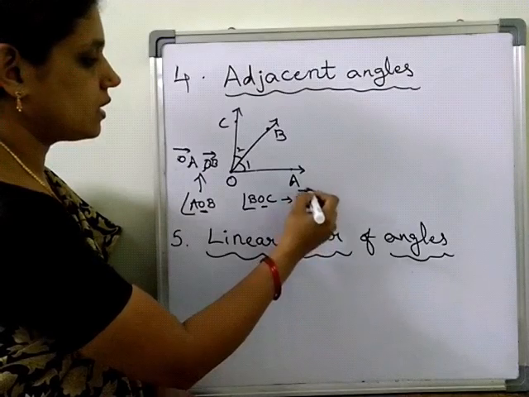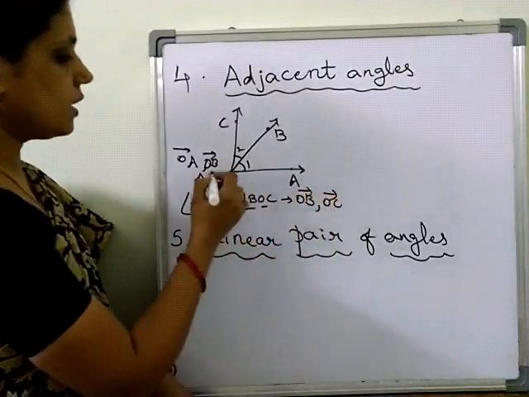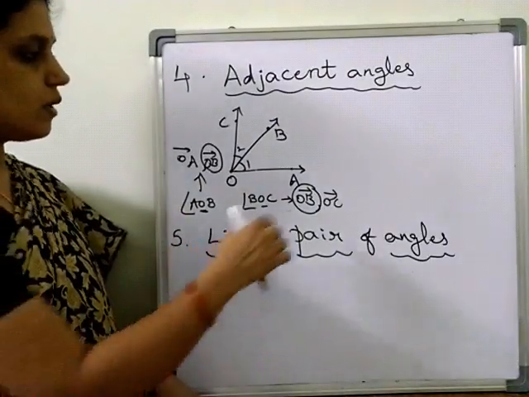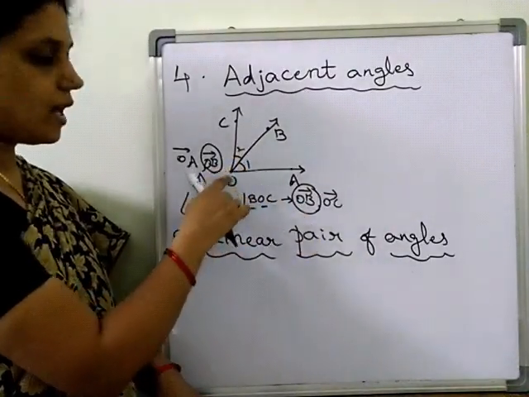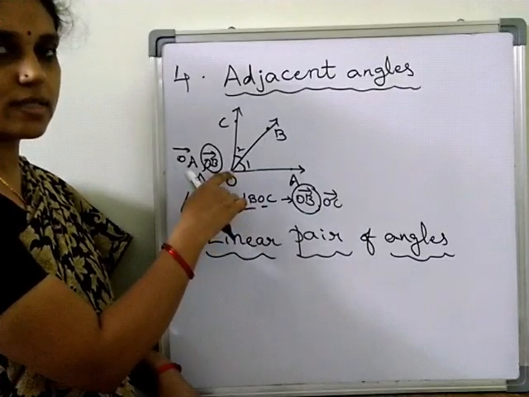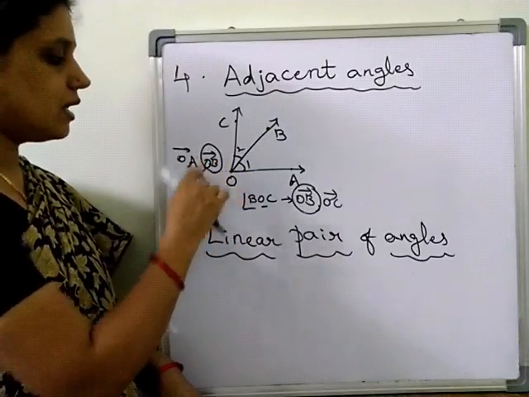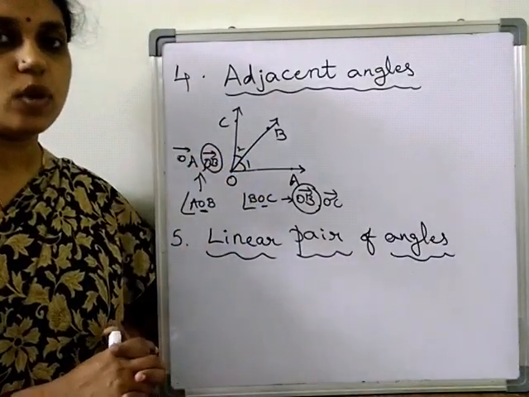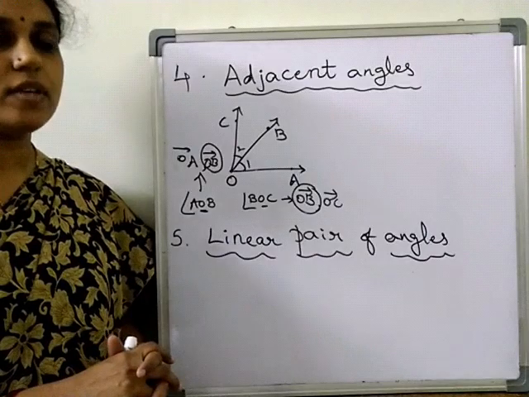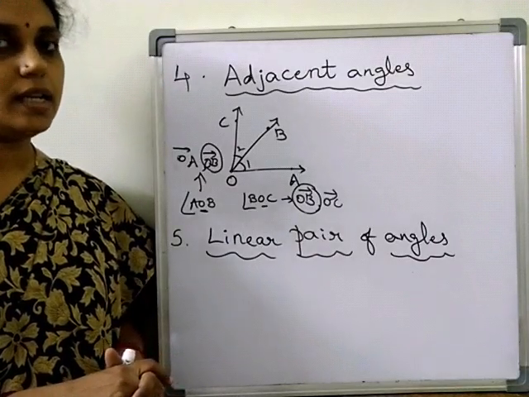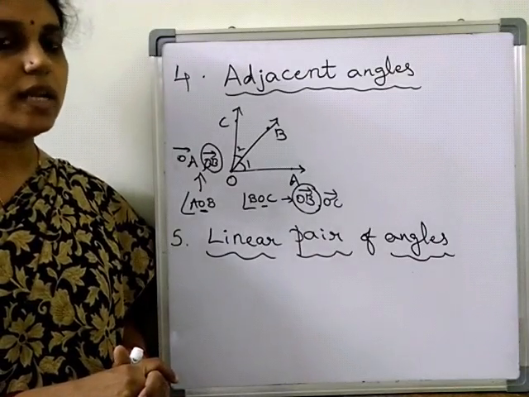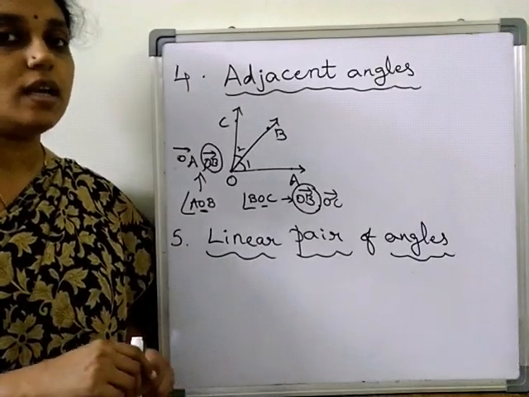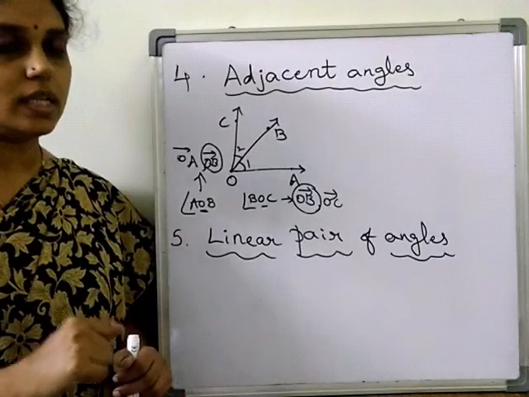OB and OC. So here OB is common. In both the angles, OB is the common arm and O is the common vertex. Okay, so here these two are called adjacent angles. So adjacent angles means what? The two angles which have a common vertex and one common arm are called adjacent angles. But actually here one more point is also included. What is that? They do not have any common interior points.